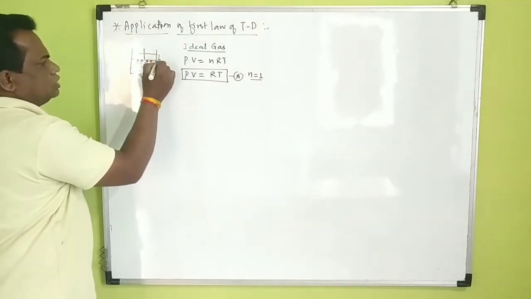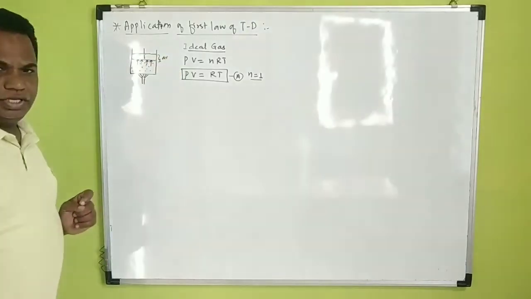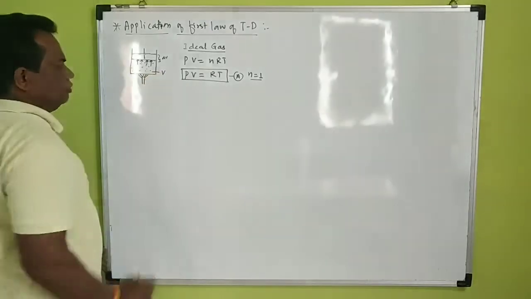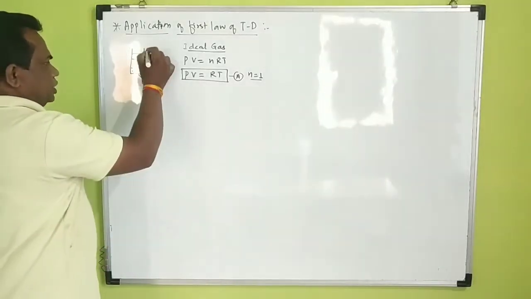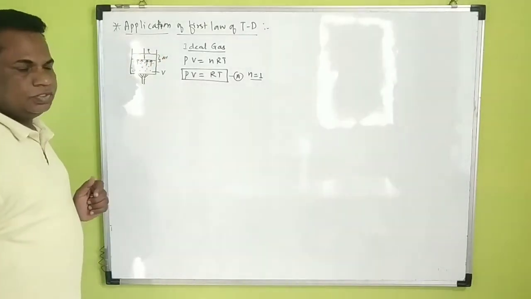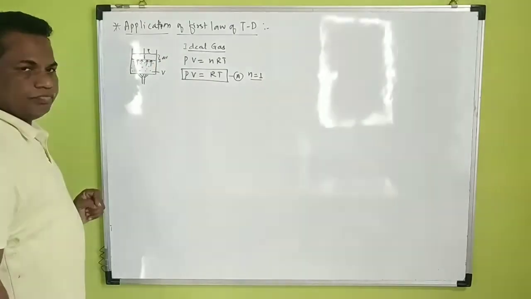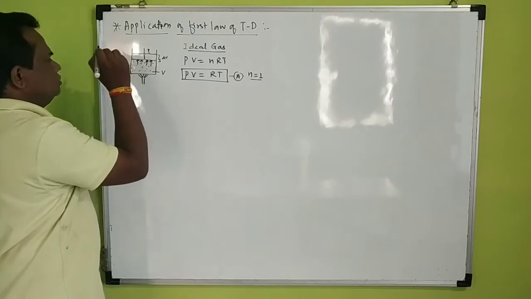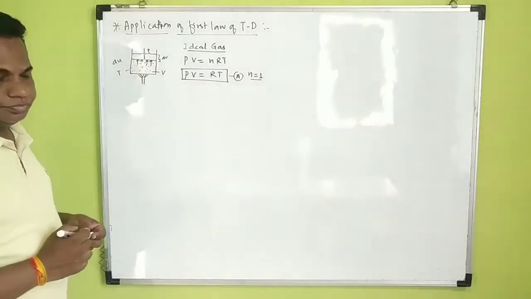Here there is a change in volume, that is dV, the volume increased. Initially the volume is V, the pressure is P, the temperature is T, and the internal energy is U.